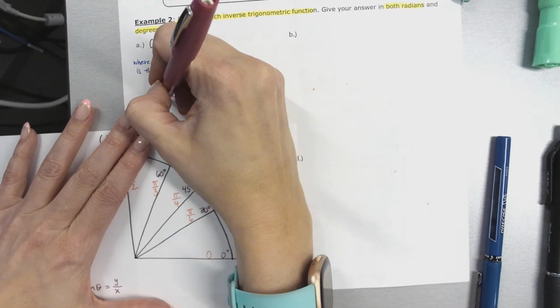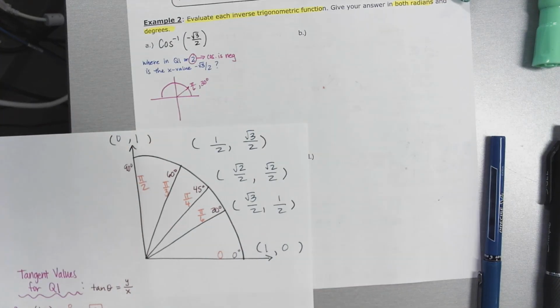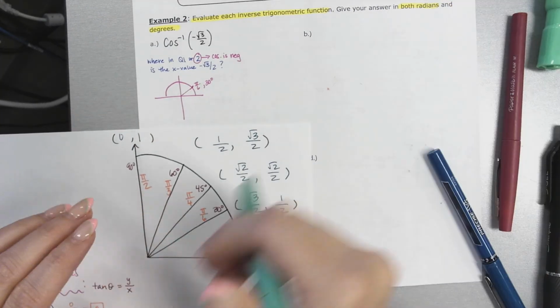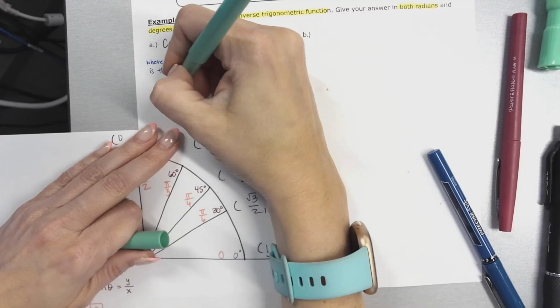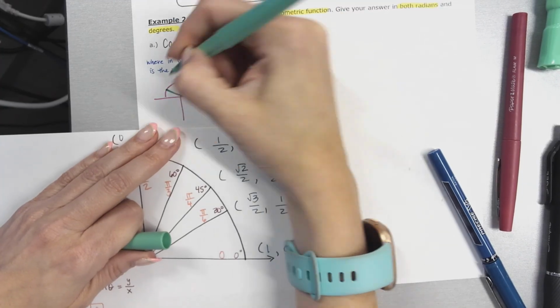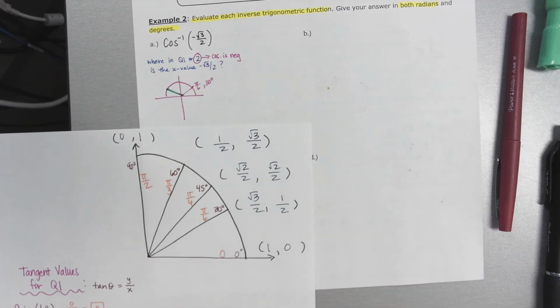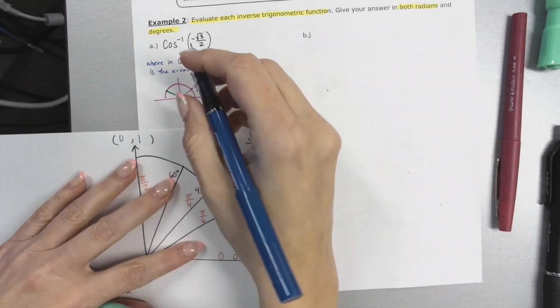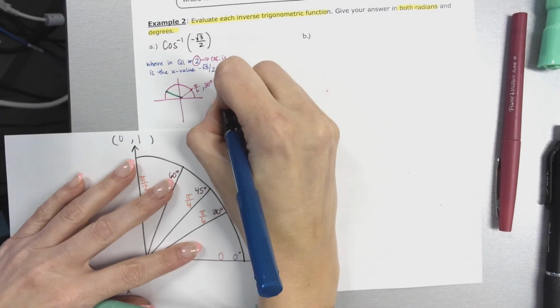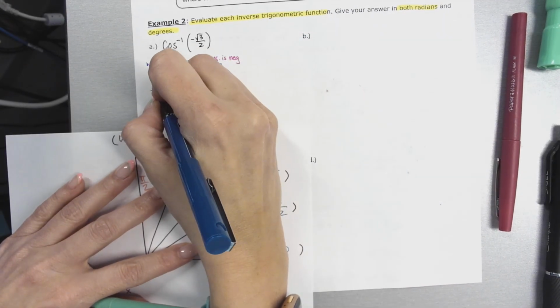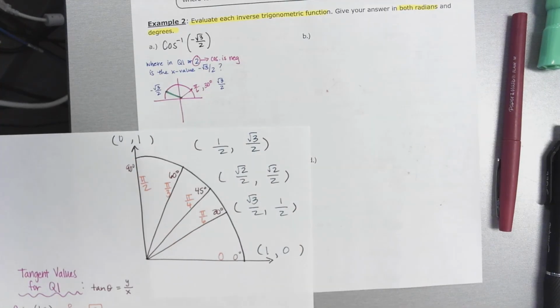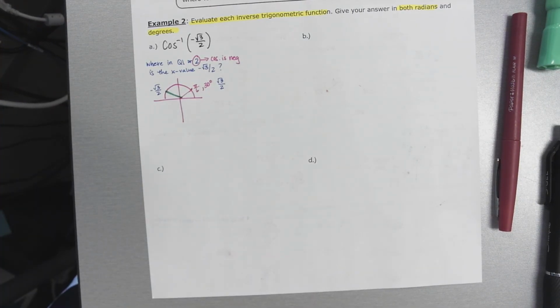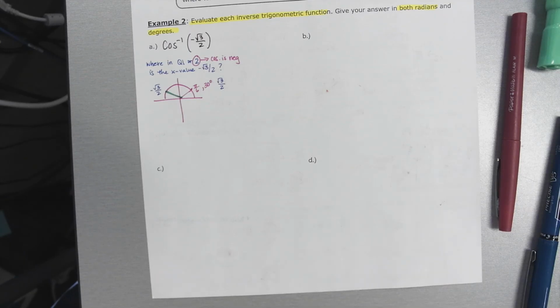So I just have to find the reflection point in quadrant 2. So if here it is root 3 over 2, the reflection is where it's negative root 3 over 2. Do you think you can find that in radians or degrees?